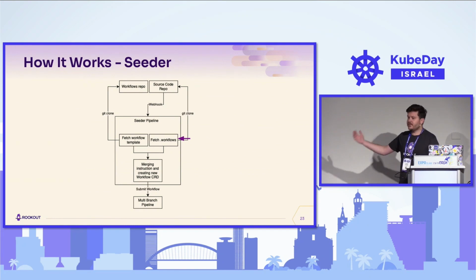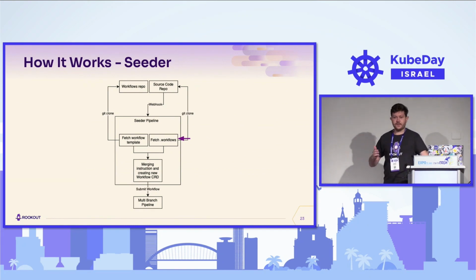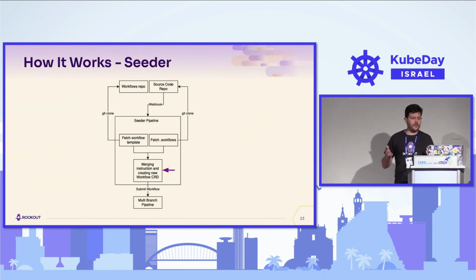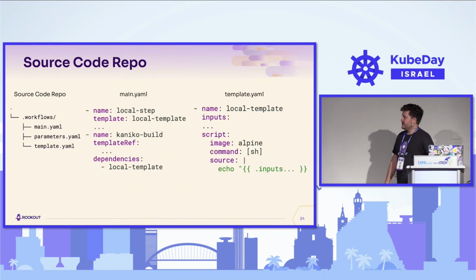And the other source is actually the branch where the .workflows folder lives, and the Cedar workflow actually will fetch it to the workflow and create it. Then it will merge them together. It will take all the files at .workflows, do all the logic, and inject them inside this workflow template, and then, of course, submit it to the cluster, and this is how we're going to have this multi-branch pipeline.